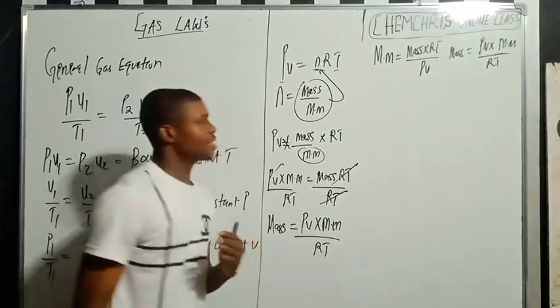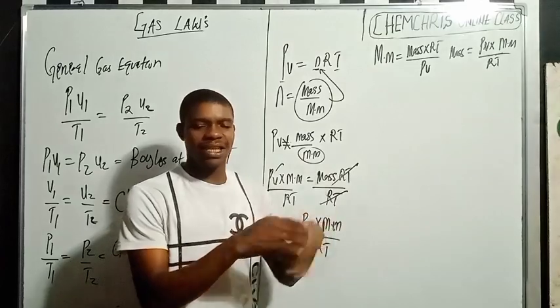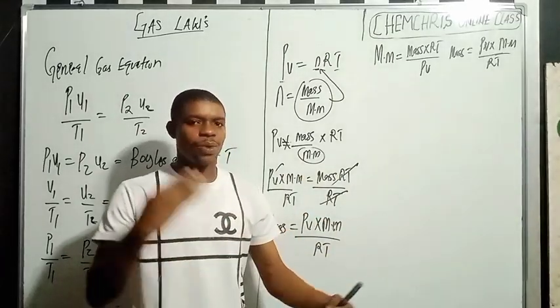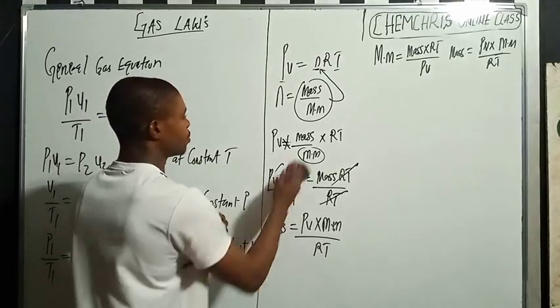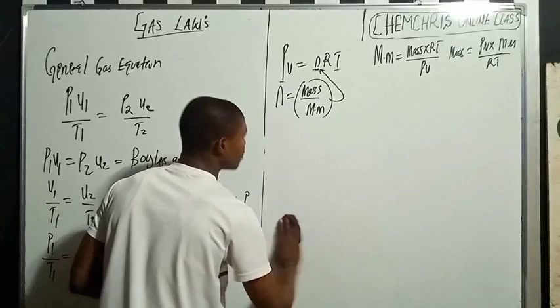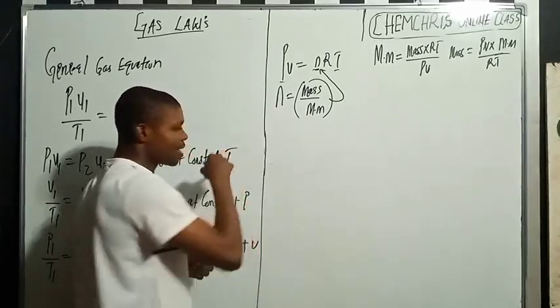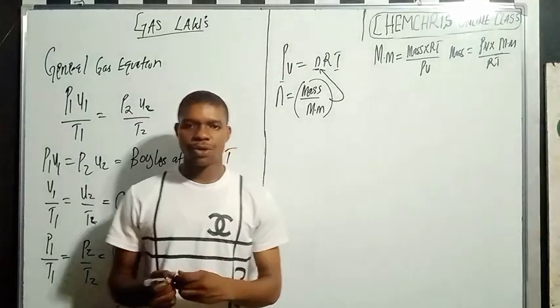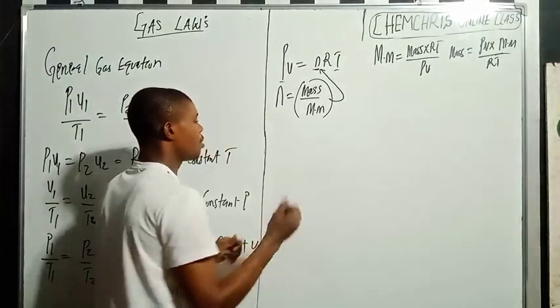Now, how does it relate to density? Because most times you are asked, what is the density of the gas? So how do we relate density here? Let's look at the formula for density. Density equals mass over volume.